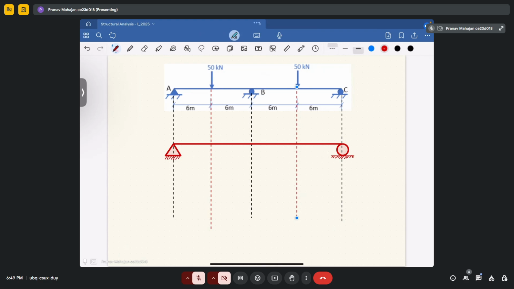Okay, so these loads are equal to 50 kilonewton each. Now what we will do, we will draw the bending moment diagram for this case. So since this is a symmetrical beam, your reactions will also be symmetric. That means your reaction in this case will come out as 50 kilonewton and 50 kilonewton at each support.